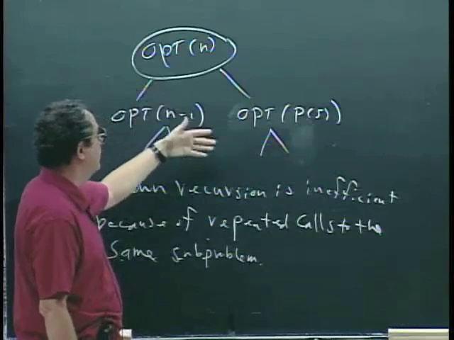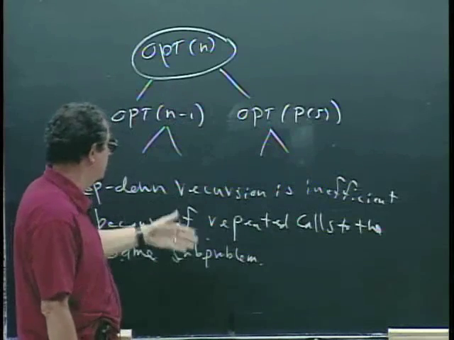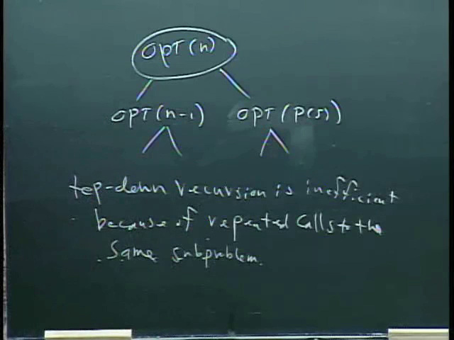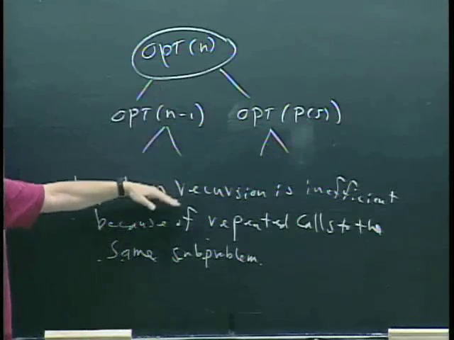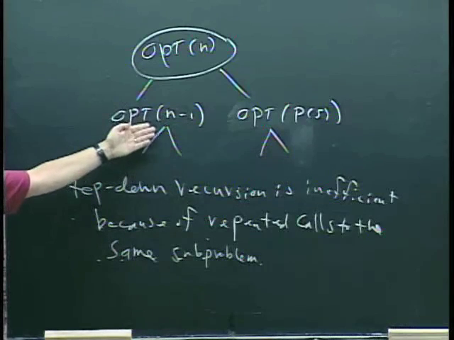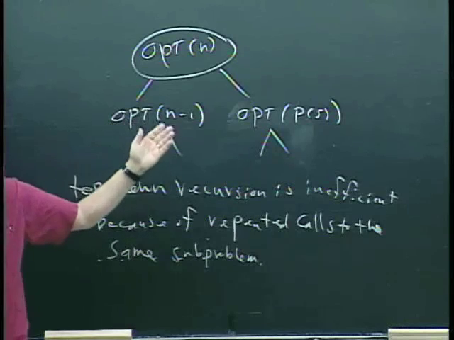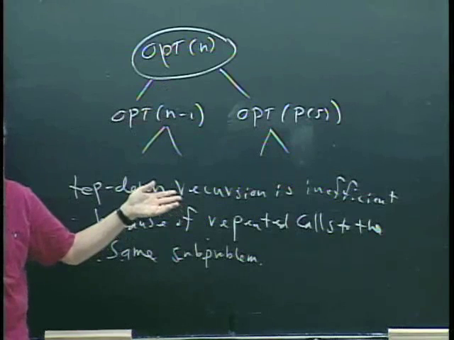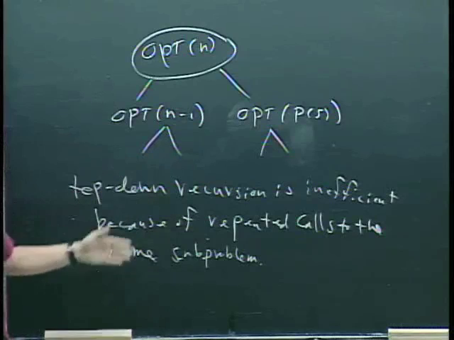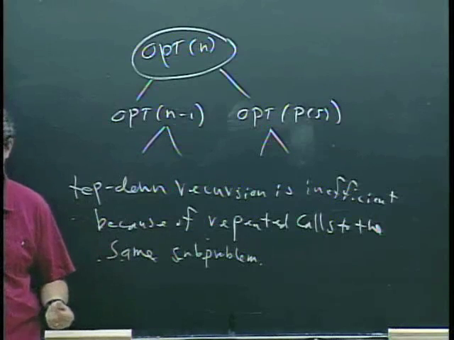So there are only n minus 1, or actually, now that I've set the base case of opt 0 equals 0, now it's actually n. At any rate, there are only n distinct possible subcalls that are made, and yet this tree of recursive calls grows exponentially, which is another way of saying that the same subcalls are getting made over and over again.